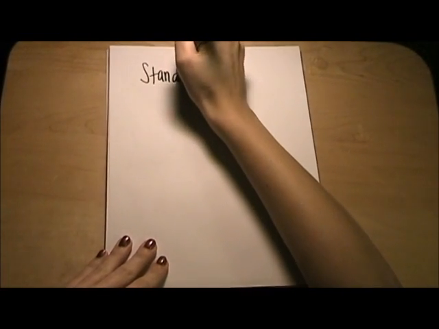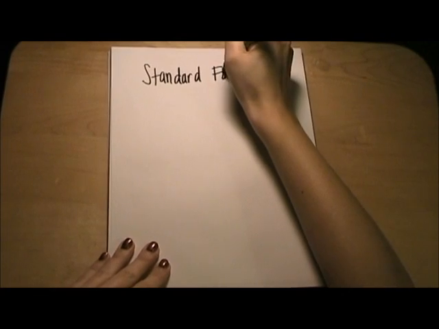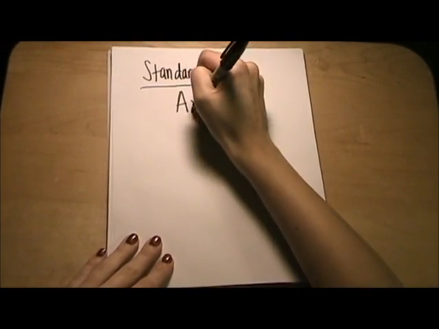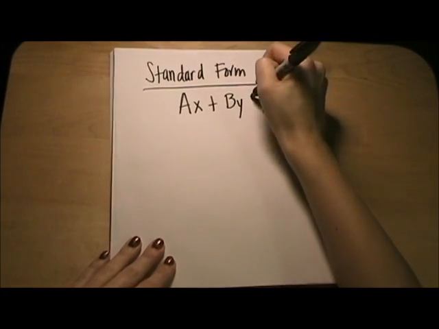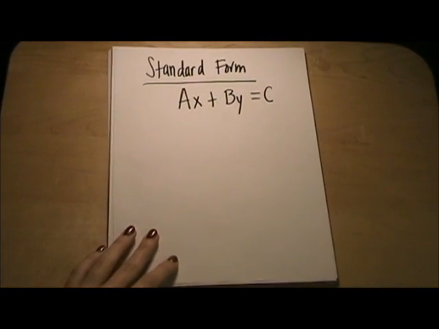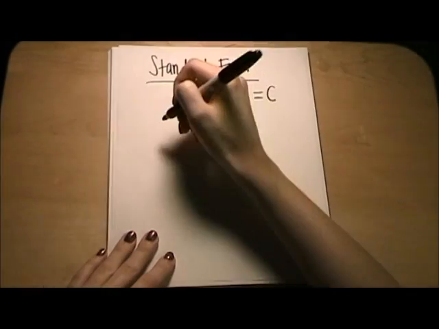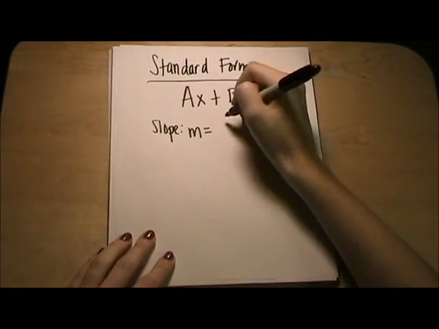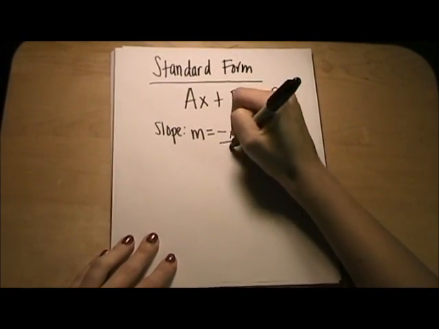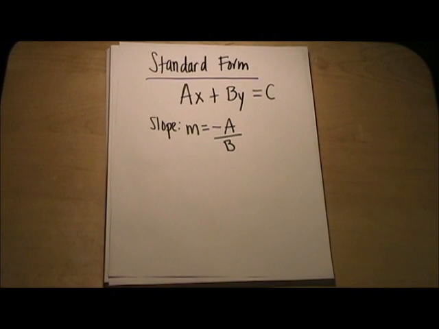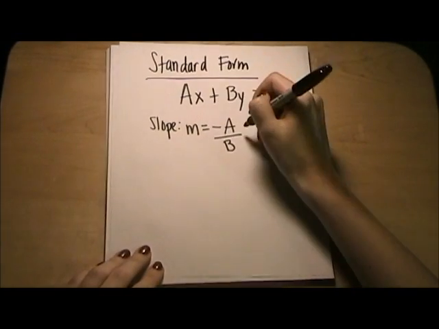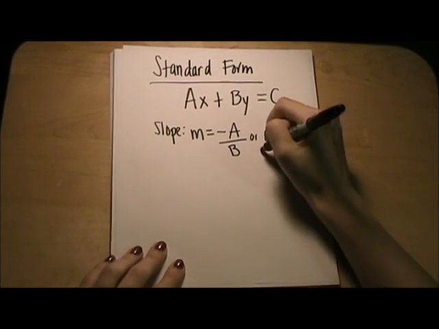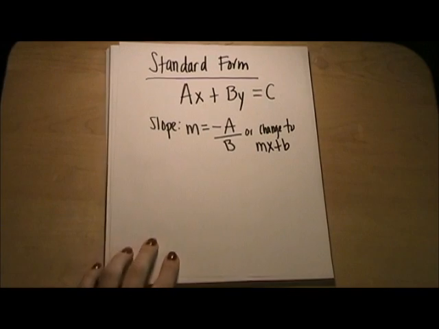Standard form, excuse me. Standard form looks like ax plus by equals c. To find the slope, there is a shortcut, and you can just take negative a over b, and that'll give you your slope. Your other option, you could change to mx plus b using algebra, but this is a shortcut.